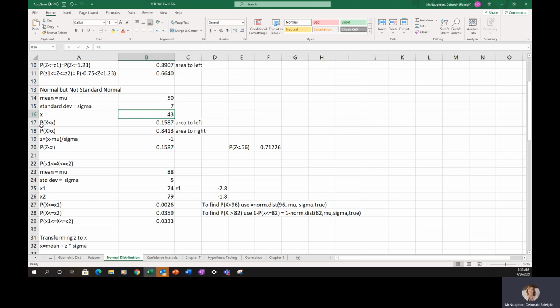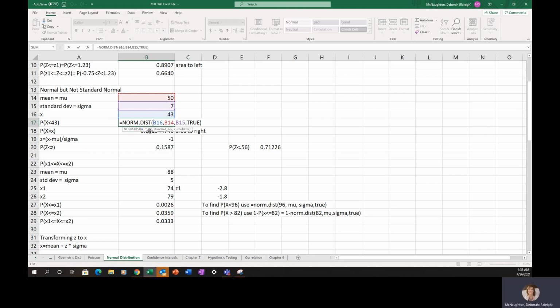So if I want the probability that x is less than, let me go ahead and make this 43. Then, since this is not standard normal, I'm going to use norm, and we don't need to put the rounding in. It just makes it more confusing. So what I'm going to use is norm.dist, and then this is my x value.